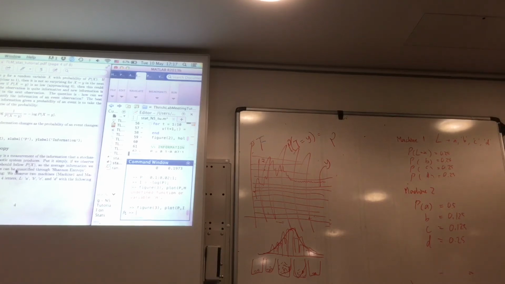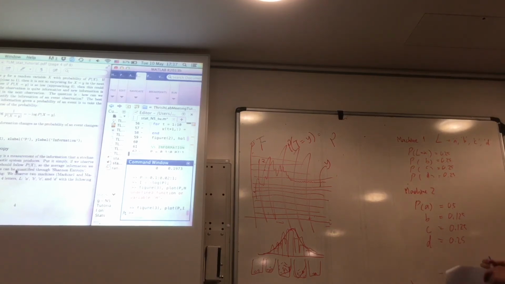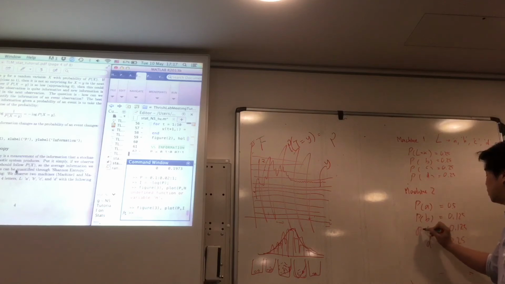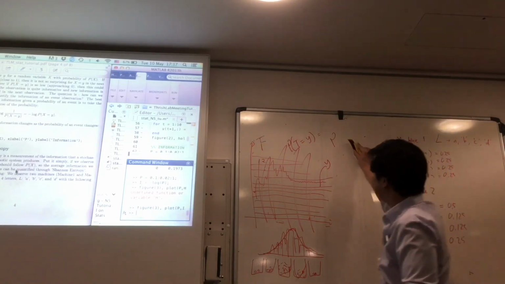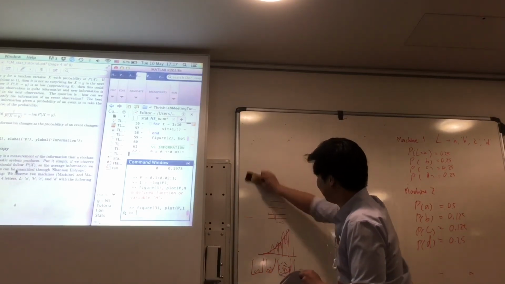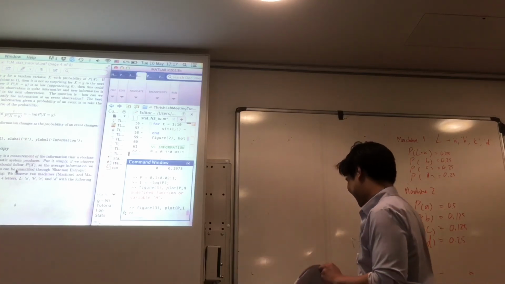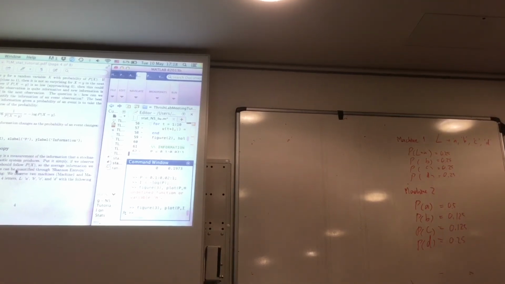Imagine machine 1 is producing objects of different sizes, and machine 2 as well. Which machine is more interesting to look at? Machine 1 is boring, right? Machine 2 has a half chance that most of the time it's going to produce A. If it is a kid looking at these two machines, the kid looking at machine 1 will be bored, I think, because it's the same sizes coming out, right?